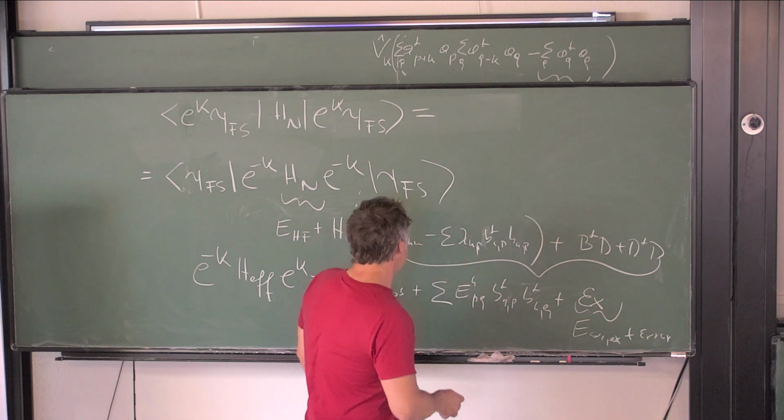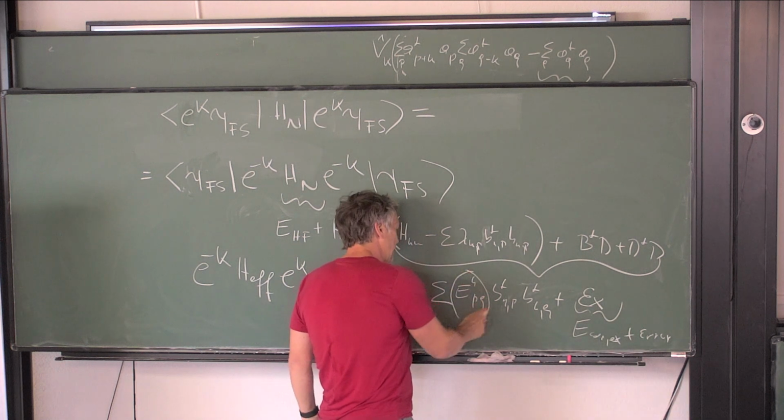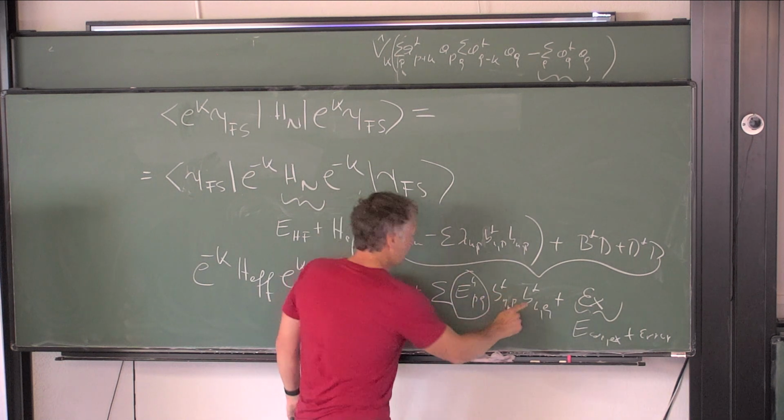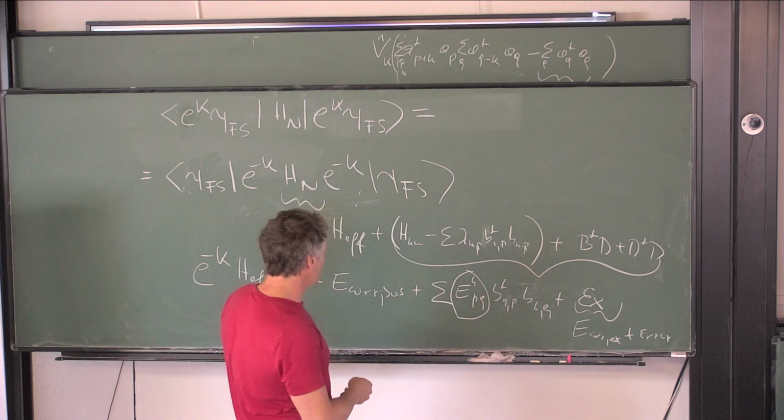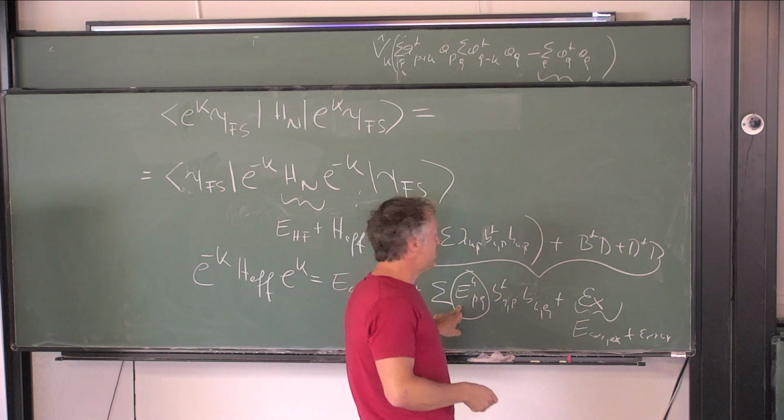So now the next thing is you could ask, what is the spectrum of that? Sorry, this is a B star B. You can also look at the spectrum of this, and that's what you find in physics books.